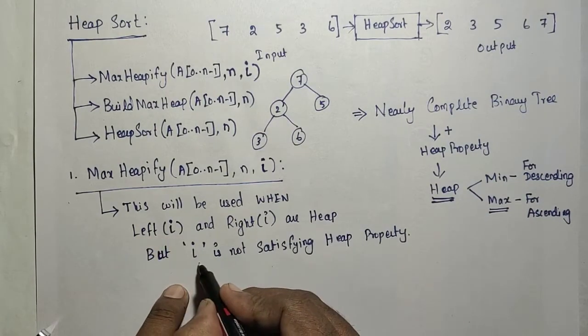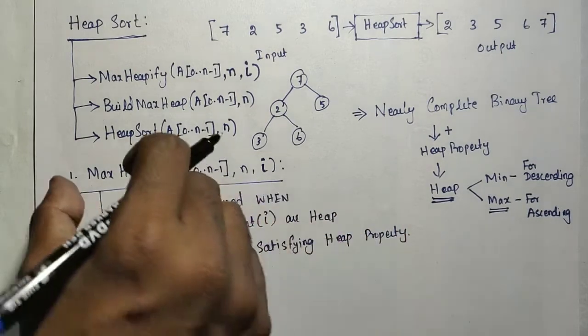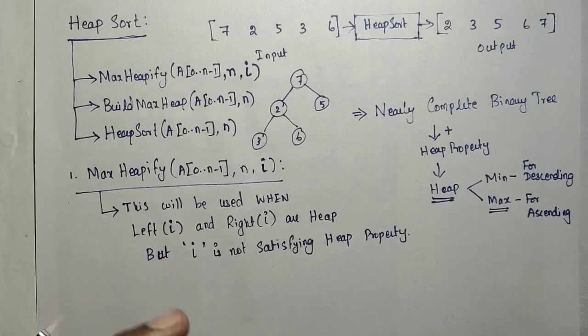But the ith node is not satisfying the heap property. In that situation, we can call max heapify. What it will do is make the ith node a heap.